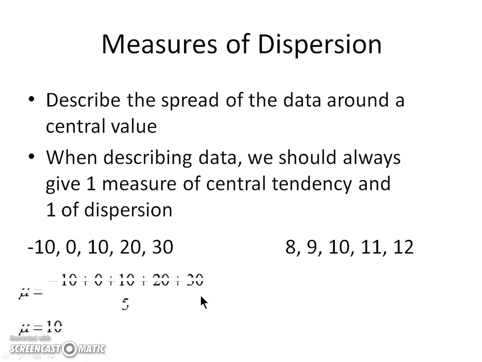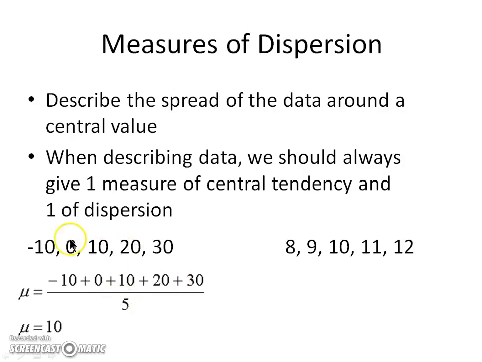With the first set of data, if I were to find the mean, we use this symbol mu to represent the mean. The mean for the first set would be the sum of all of them, so -10 plus 0, 10, 20 plus 30, the sum of that divided by 5.